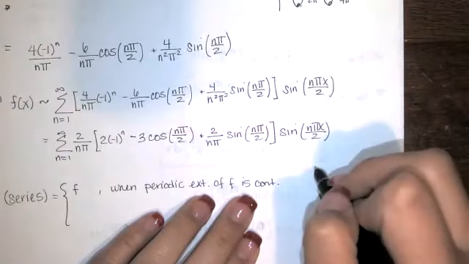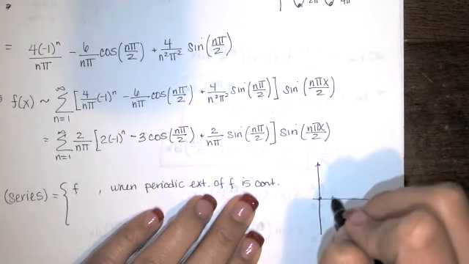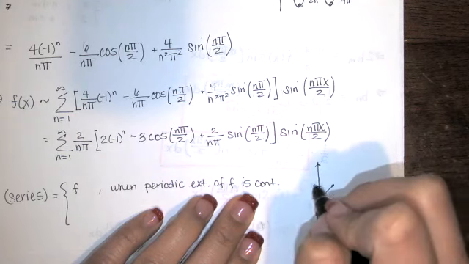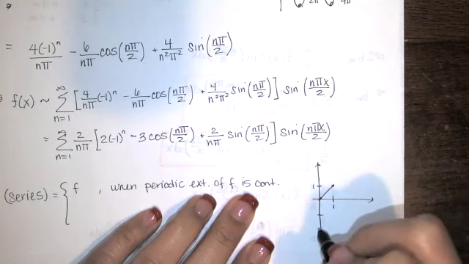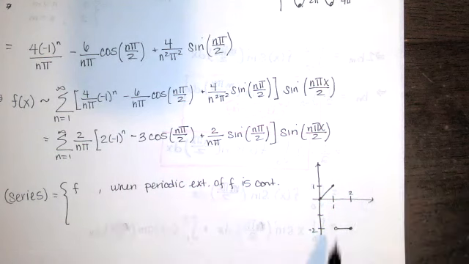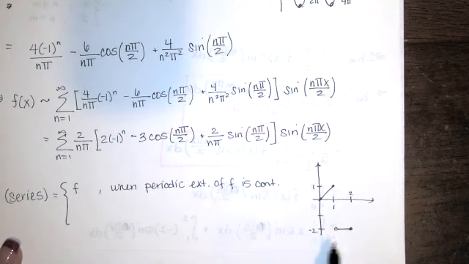So if I were to look at what this converges to on the interval from 0 to 2, this is what I would see. We're going to get exactly f on the interval from 0 to 1, including the endpoints, and on the interval from 1 to 2, not including that left endpoint.